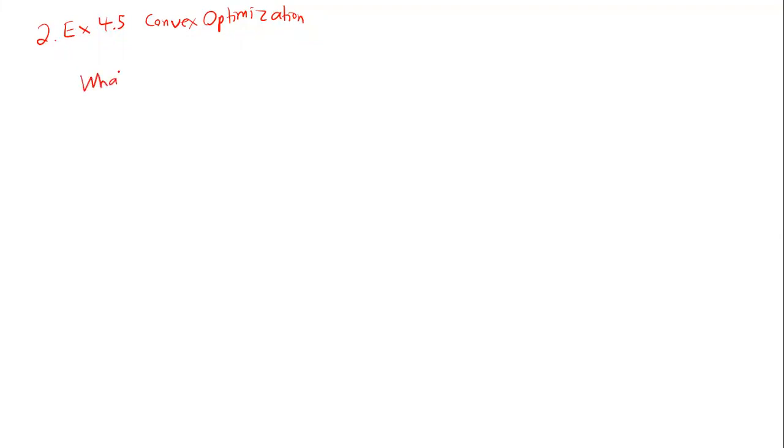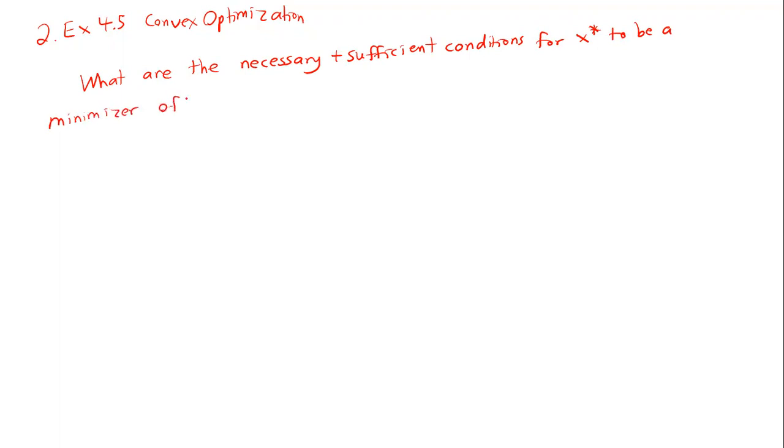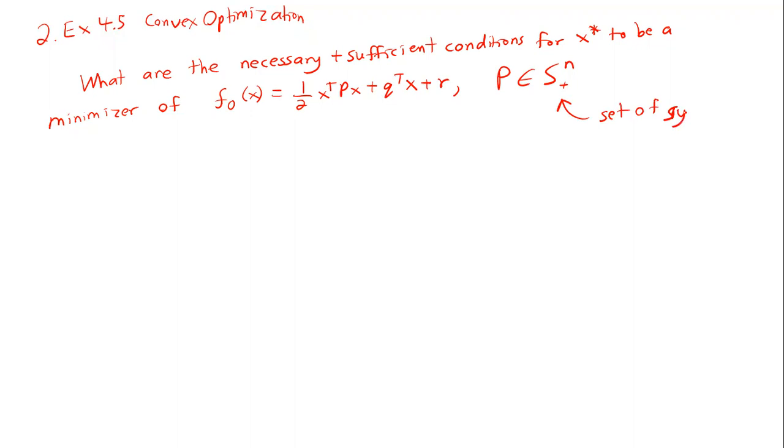So it says, what are the necessary and sufficient conditions for X star to be a minimizer of F0 of X equals 1/2 X transpose PX plus Q transpose X plus R, where P is contained in S plus N. So this is the set of symmetric, positive semi-definite n by n matrices.